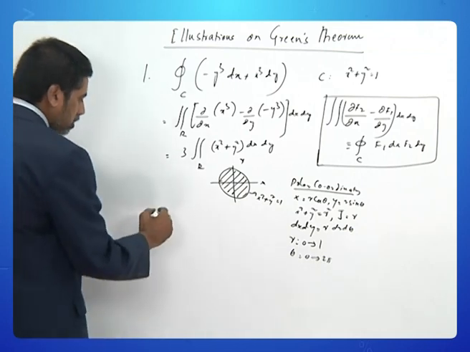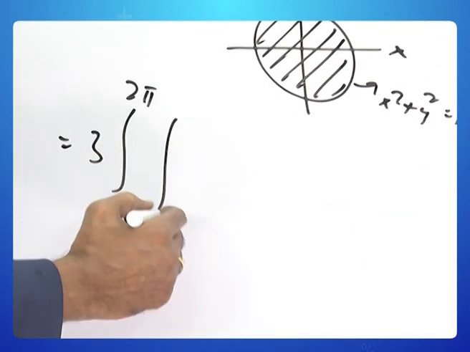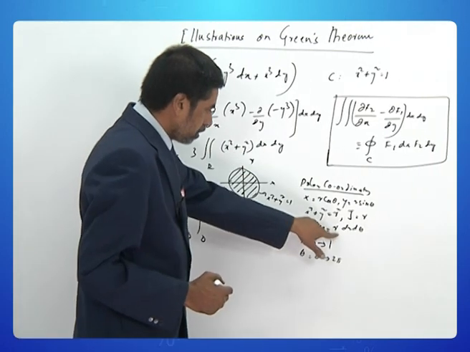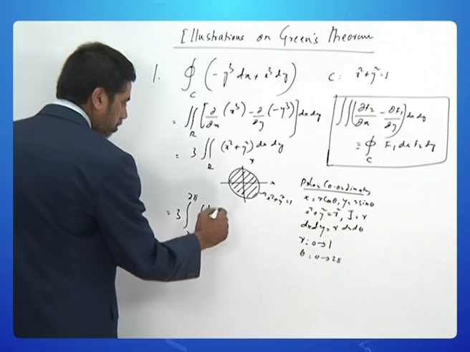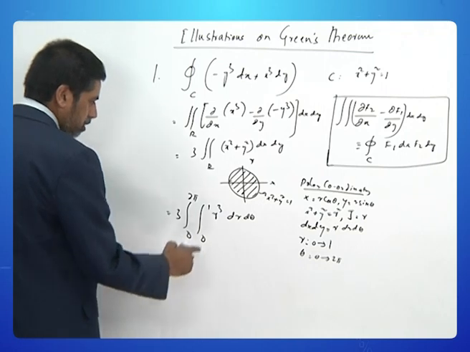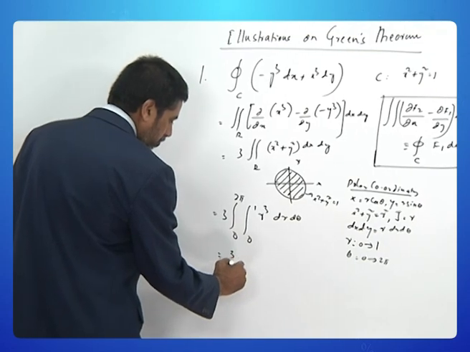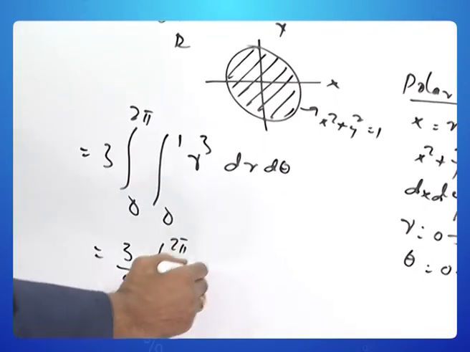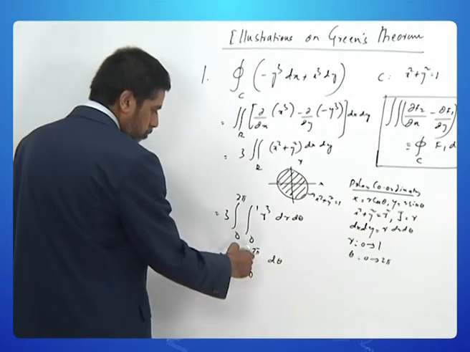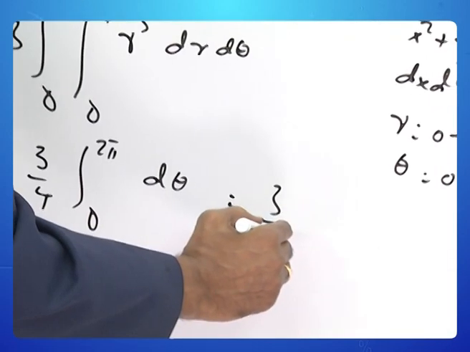So when you insert all this into the problem, this looks like 3 times integral 0 to 2 pi, 0 to 1. This is r square, and another r comes from here, so that becomes r cube dr d theta. When you evaluate this, this becomes r power 4 by 4, and you apply limits and you will get 3 by 4, integral 0 to 2 pi d theta. So integration of d theta is theta, so this becomes 2 pi. So 3 by 4 into 2 pi is nothing but 3 by 2 pi.